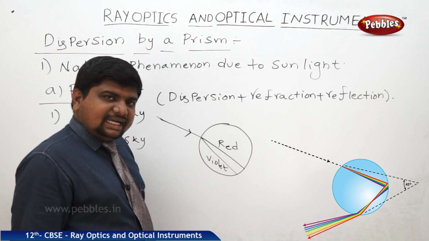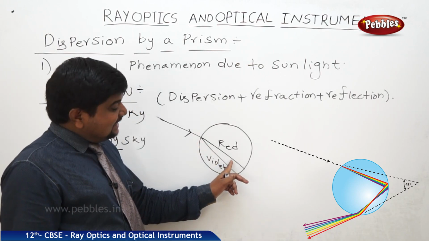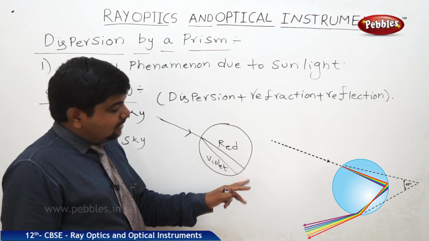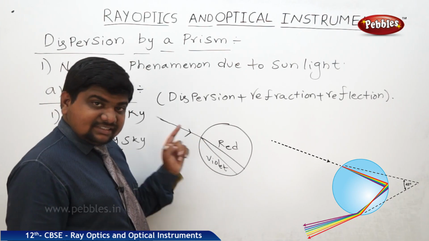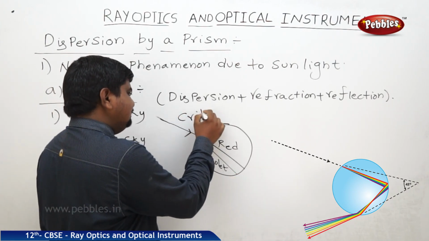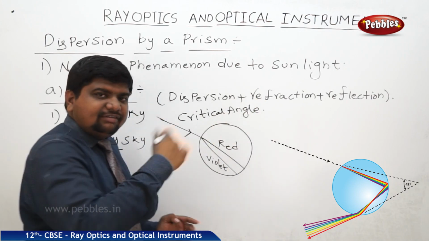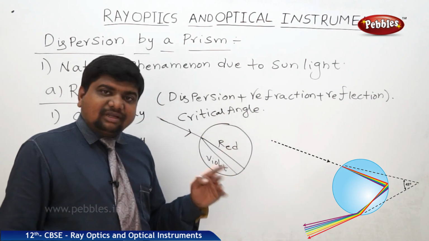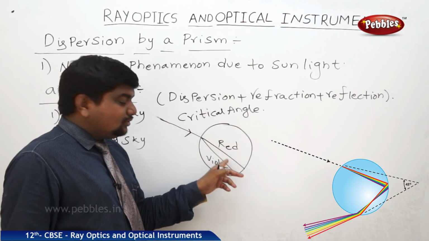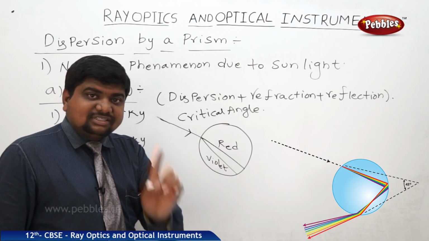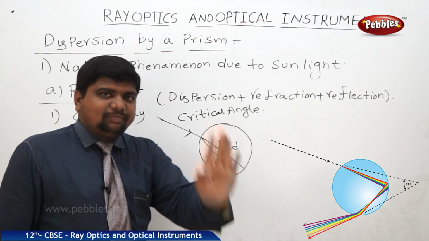So because of this angle of incidence, dispersion takes place inside the water droplet. Whenever the dispersion takes place, and the angle of incidence crosses the critical angle, the water droplet appears as a single color. Why? At the critical angle, the light ray undergoes total internal reflection. That means one particular wavelength internally reflects throughout the water droplet.